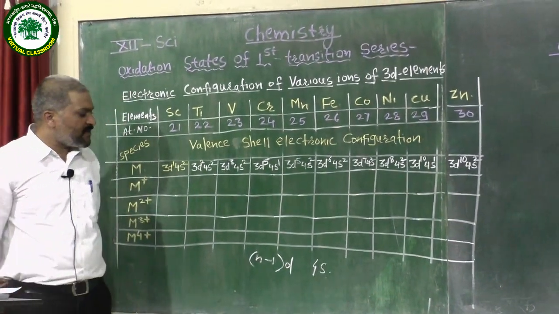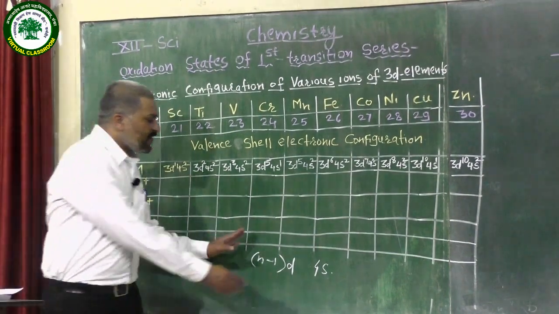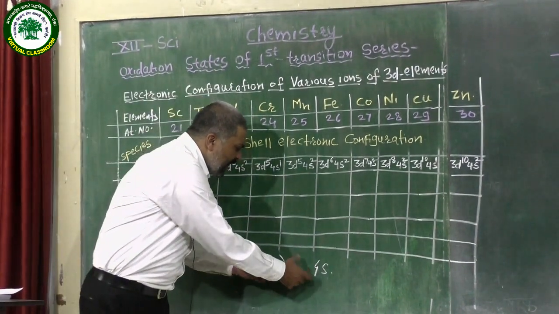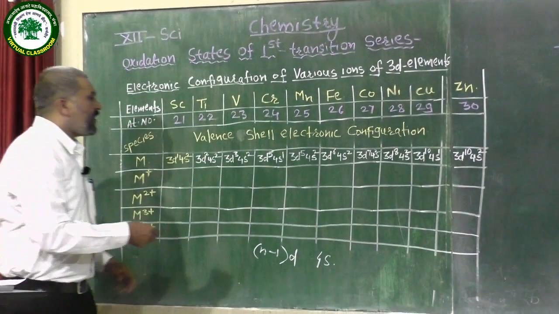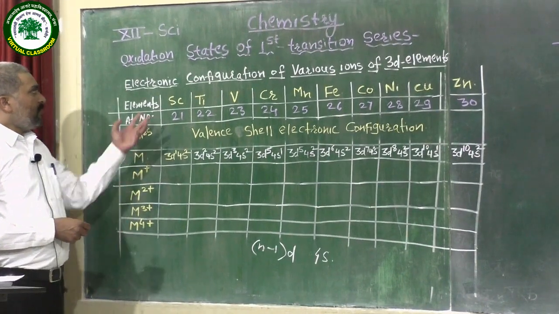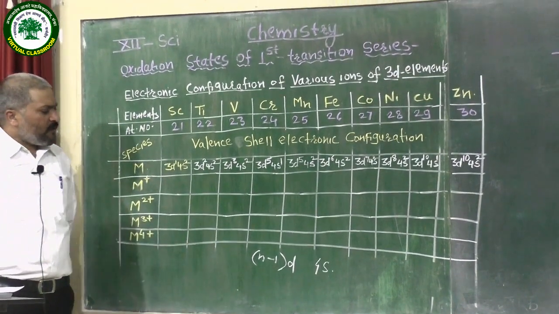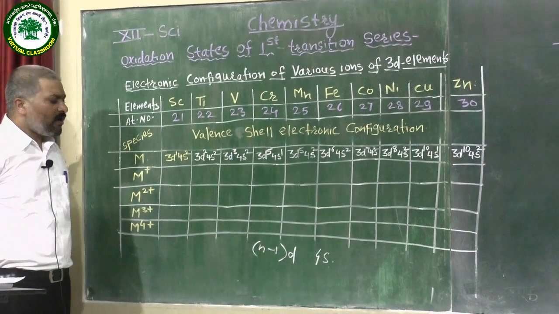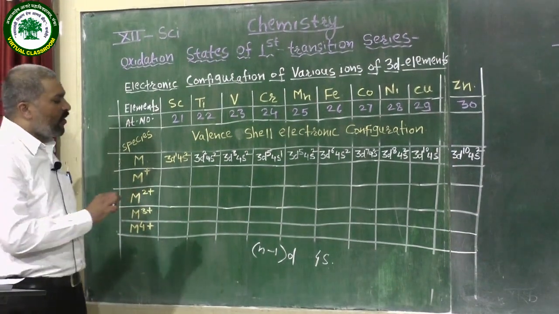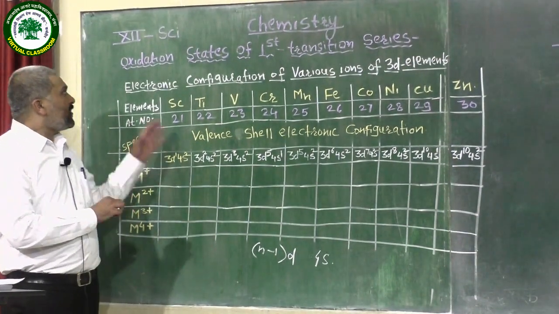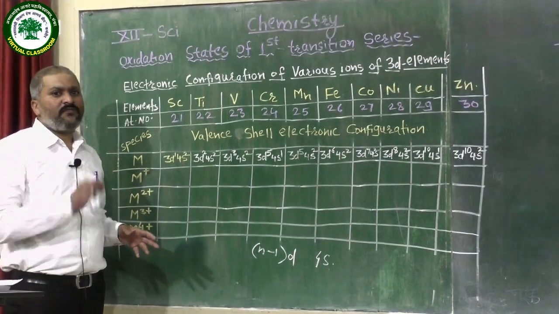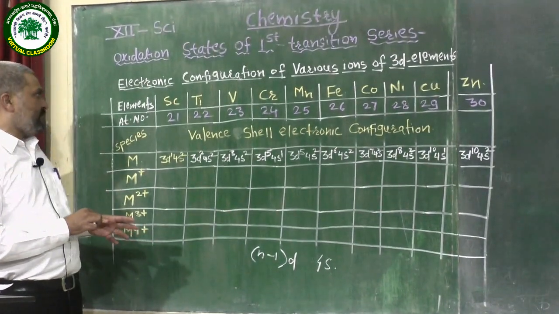According to the Aufbau principle, the energy difference between 4s and 3d is very small. Because of that, electrons from both the 4s and the (n-1)d or 3d subshell take part in bonding, and so the transition metal elements show variable oxidation states.